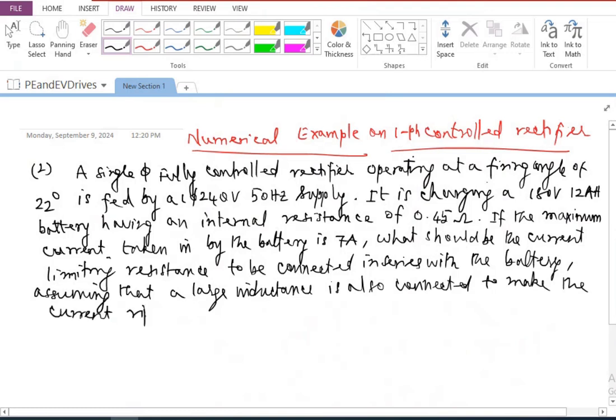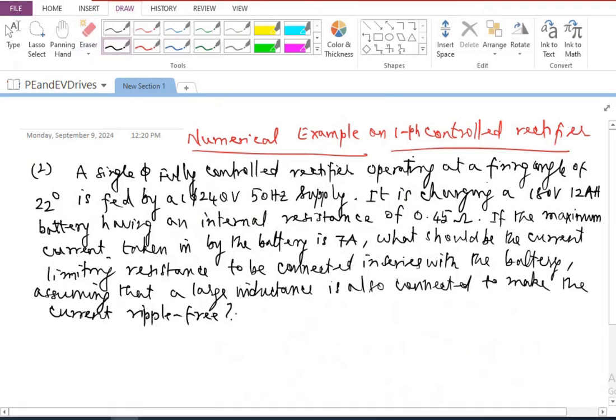Ripple free means we are going to have almost a steady current. So the current will be literally steady. It cannot be having any variation like this. We are going to have a steady current. That's what it means when we talk about ripple free current.